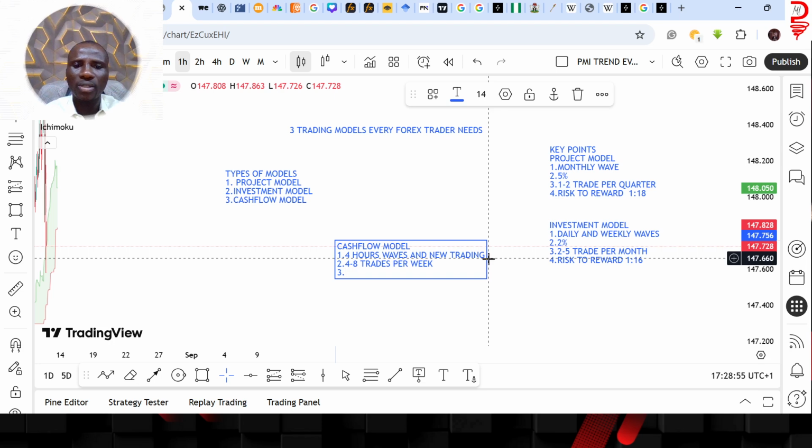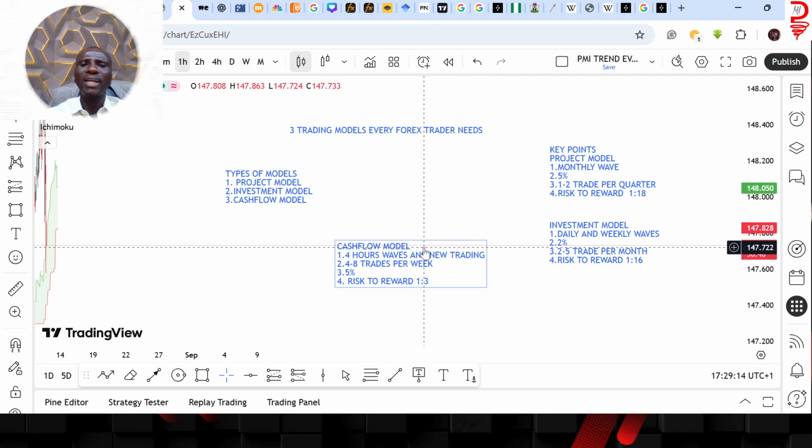And of course, the risk per trade is 5%. We encourage that people use 5% of their account. And the risk to reward ratio is 1 to 3.